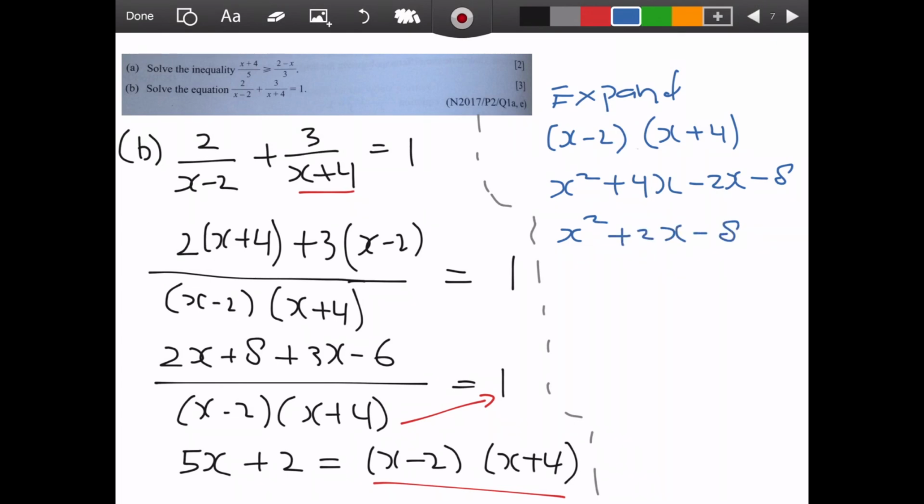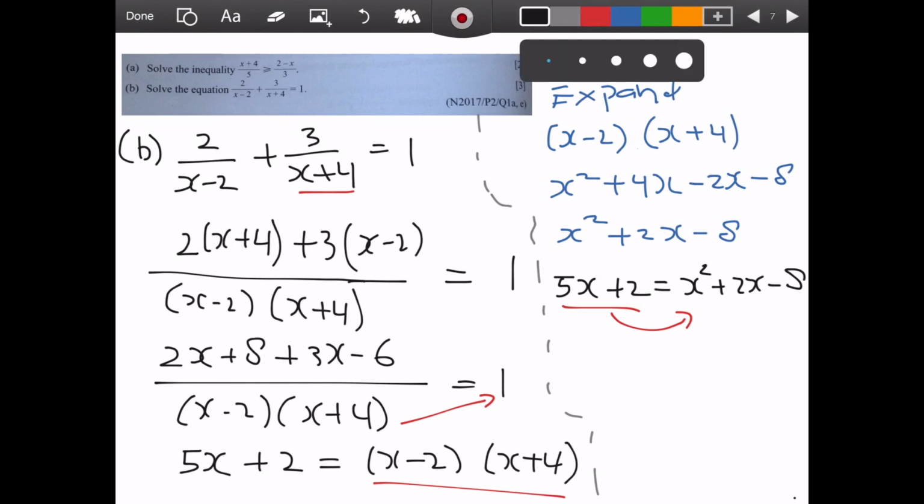So let's put it back into the equation. 5x plus 2 equal to x squared plus 2x minus 8. Now you want to bring this whole expression to the right hand side, so it's easier to solve. So you get 0 equal to x squared plus 2x minus 5x, so it becomes a minus 3x. Then you have minus 8 minus 2, this becomes a minus 10.